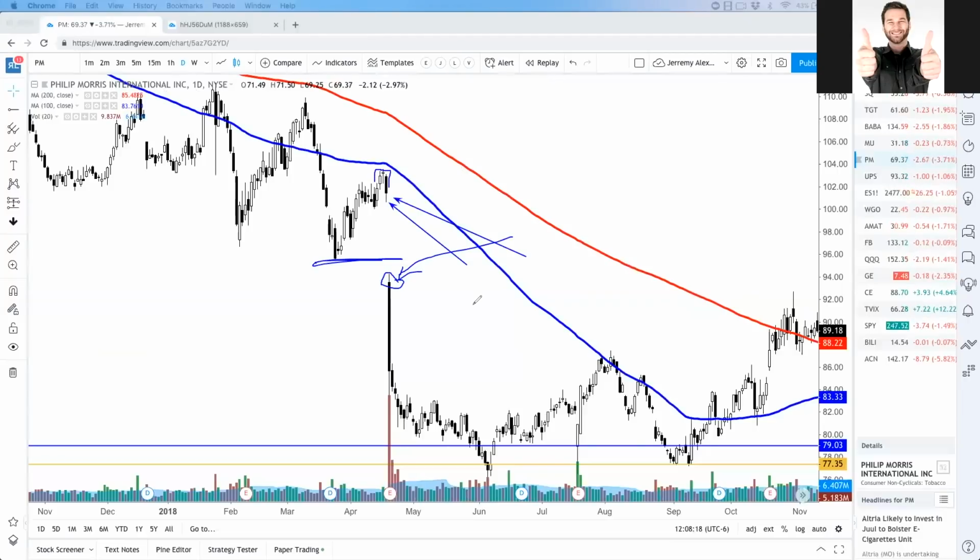In fact, I like it when you gap small like this above a bunch of upper shadows. So these upper shadows right here, we're gapping above those upper shadows. You have 1, 2, 3, and we're gapping above. That's a very nice retest gap right there on Philip Morris, and would have been a good one to play.